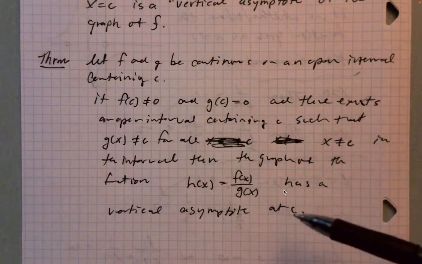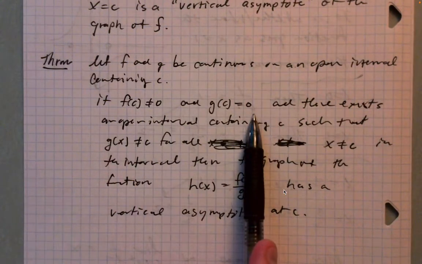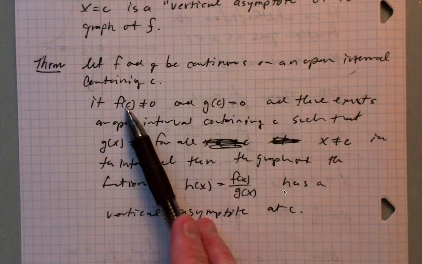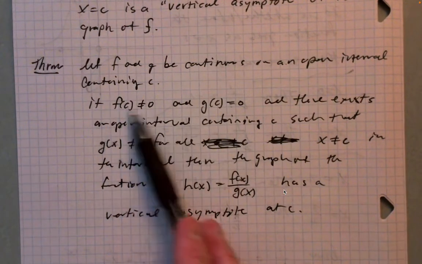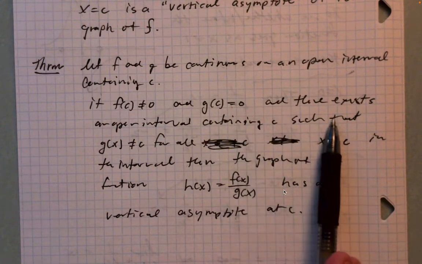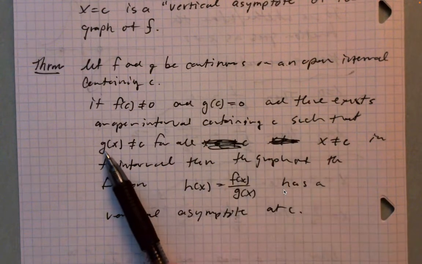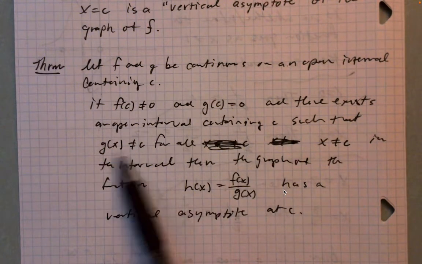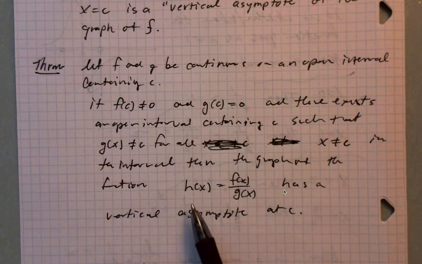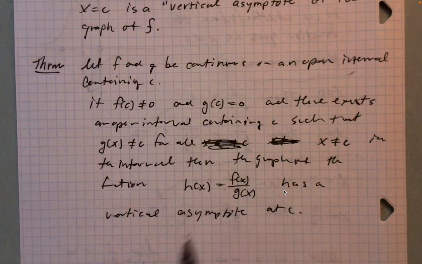Now, if f of c is non-zero and g of c is equal to 0, so these are f and g evaluated specifically at the value c, and there exists an open interval containing c such that g of x is not equal to c for all x not equal to c in the interval, then the graph of the function h of x, the ratio of the two, has a vertical asymptote at c.